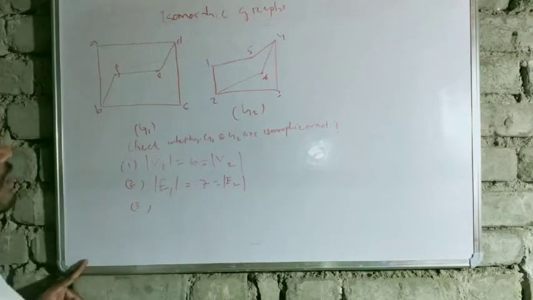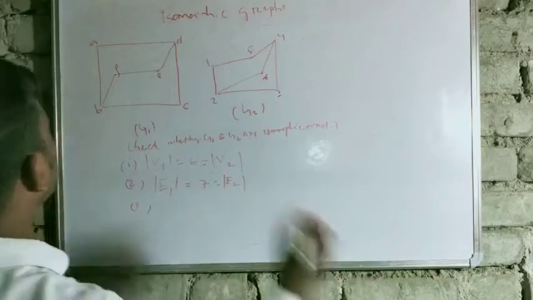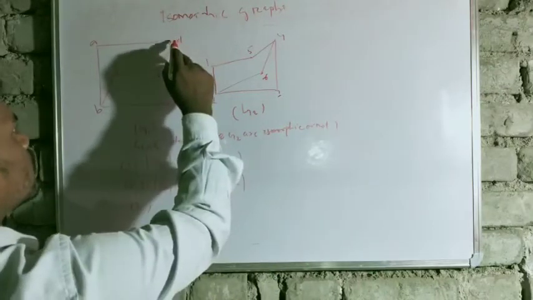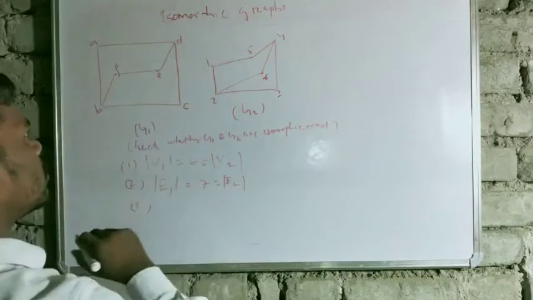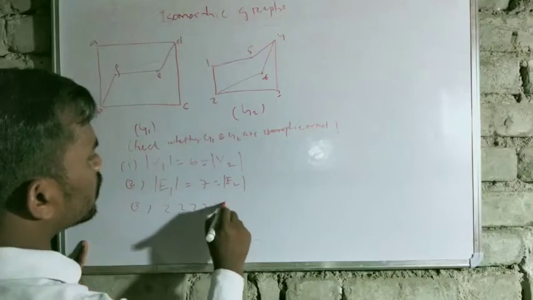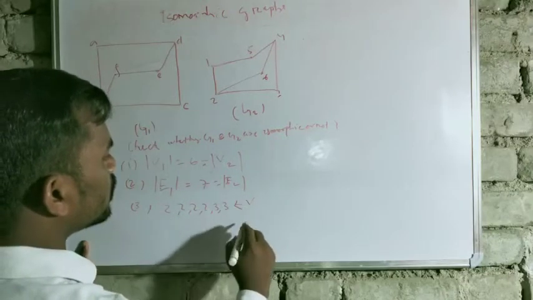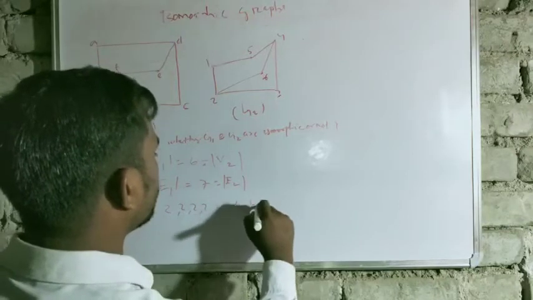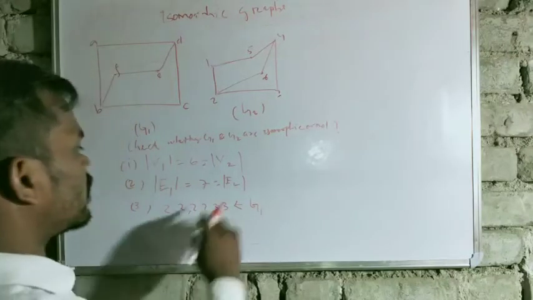Similarly, if you consider the degree of the vertices, here it is 2, 3, 2, 3, 2, 2. That means four 2's and two 3's. This is the order of the vertices of graph G1.